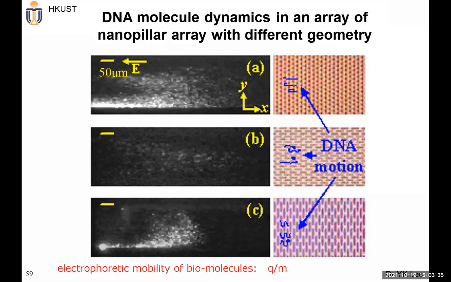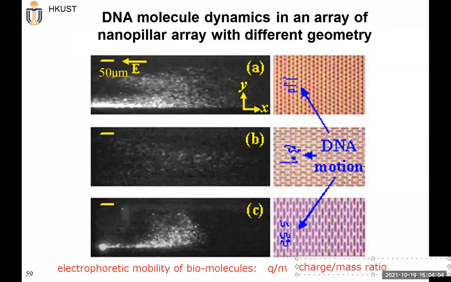Typically, DNA has a negative charge, right? But for different size DNA, the charge-mass ratio is different. That's why in electrophoresis separation, the key thing is that DNA separation is really based on the charge-mass ratio, right?